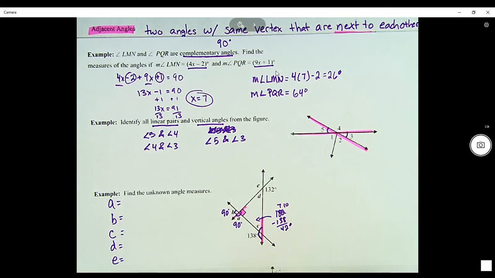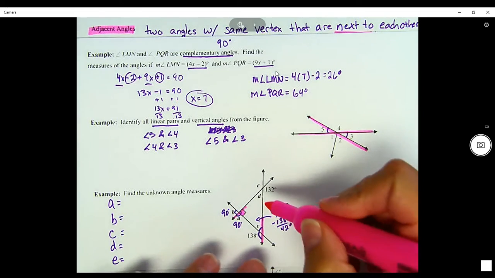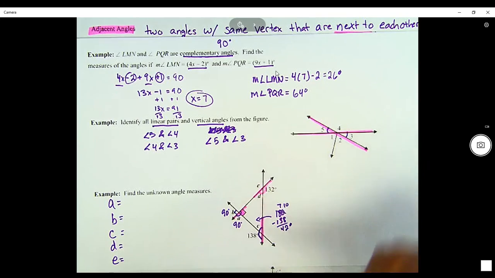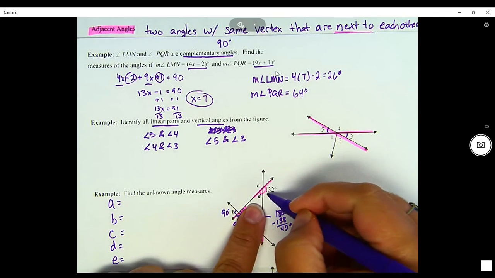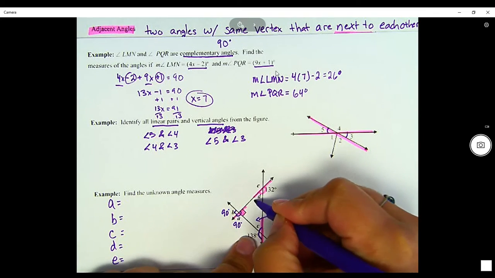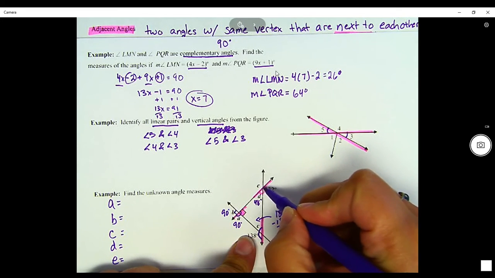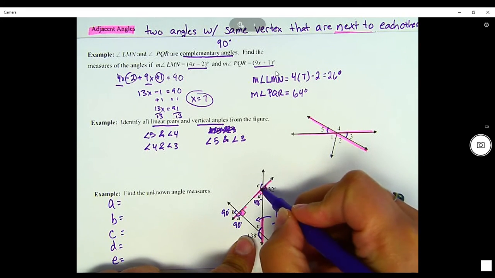Then for D, you'll notice that these two are on the same line and they are a linear pair as well. So they add up to 180. So for D, 180 minus 132 gives you 48 degrees. Now E is a vertical angle with this 132 degrees.